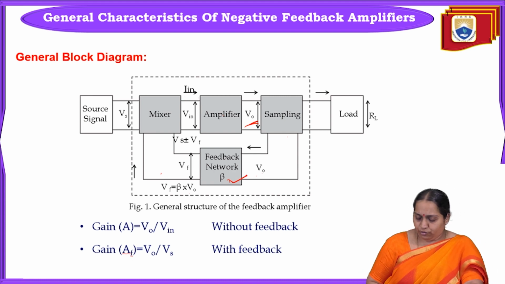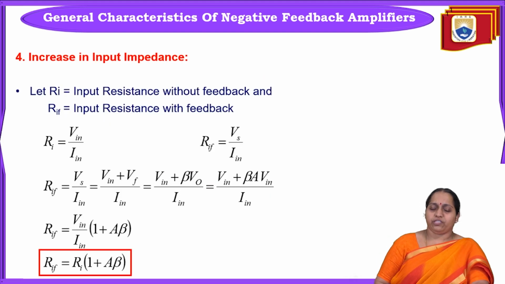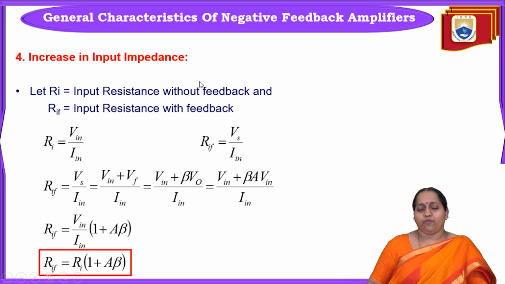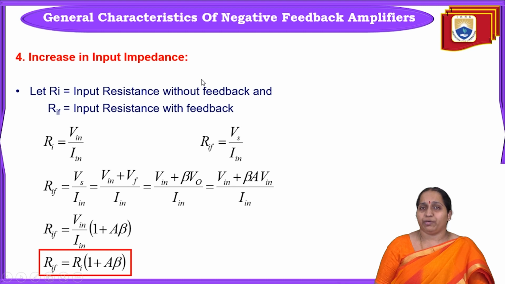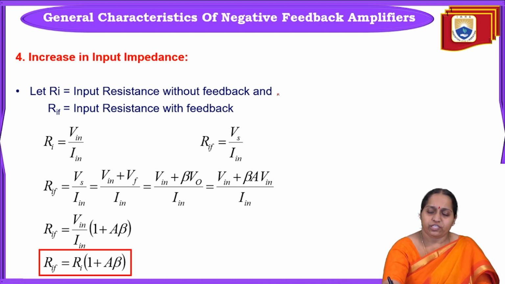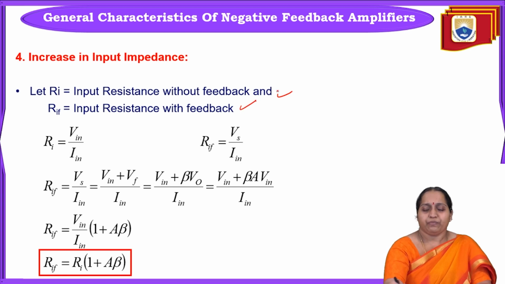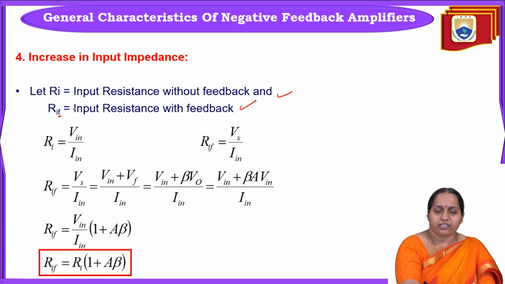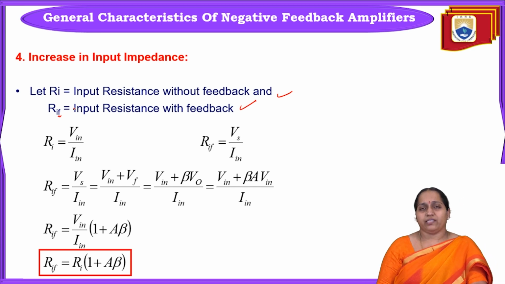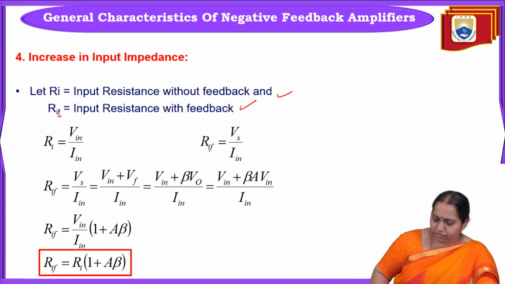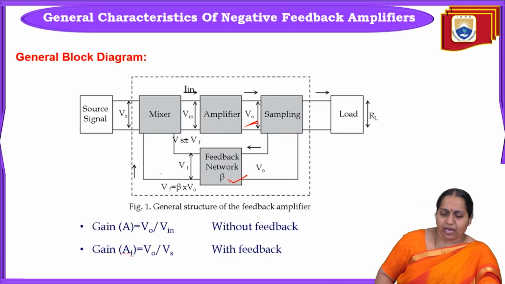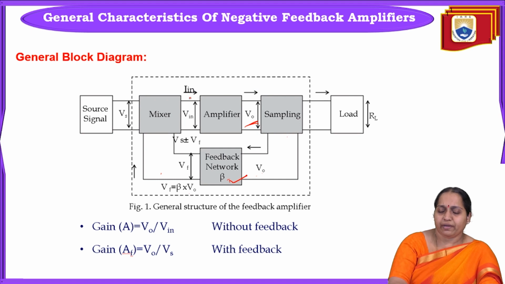From this, we'll define a few things. We'll show how input impedance increases by using a negative feedback amplifier. Let Ri be the input resistance without feedback and RIF be the input resistance with feedback. With feedback, we indicate it with the letter F. From this figure, Ri is simply Vin by IN.